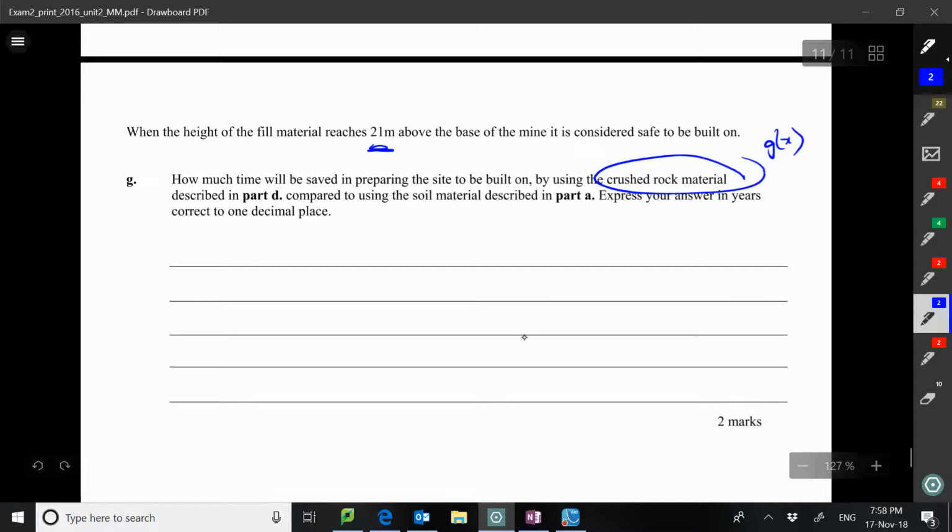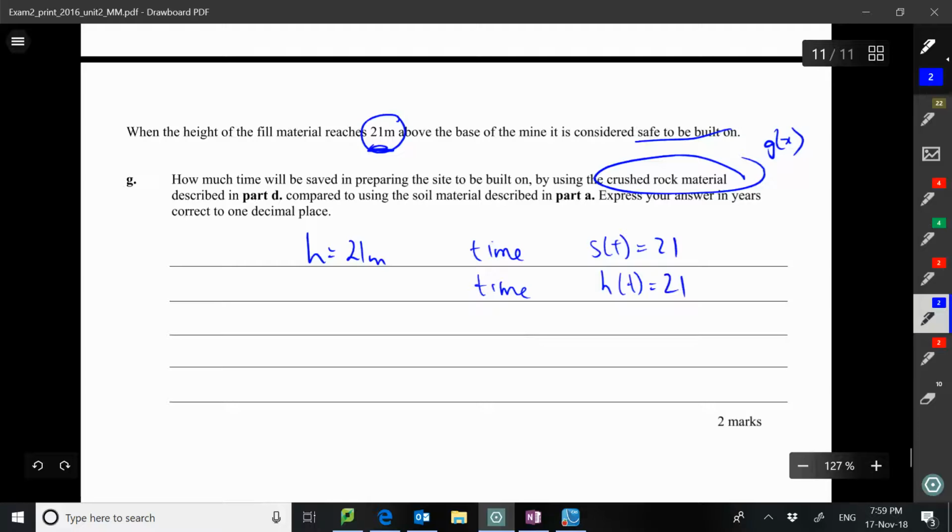So they're now telling me that when the height is 21 meters, it's considered to be safe. Now, how much time will be saved in preparing the site to be built on? So basically, I need to know what is the time when s of t reaches 21 and above, and what is the time for the crushed rock material to reach 21.